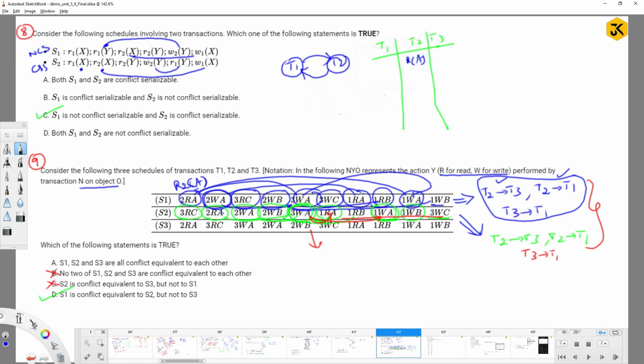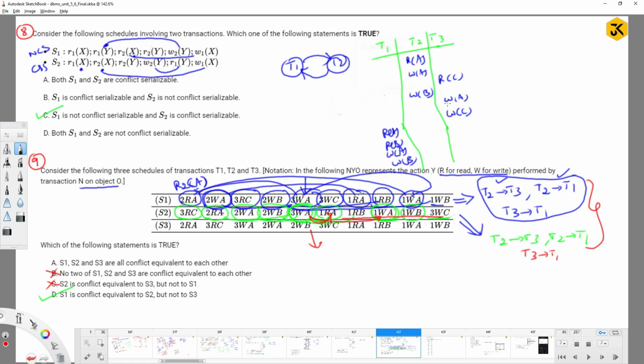So read of A, write of A, read of C, write of B, write of A. Up to here we completed, right? So next, write of C, read of A, read of B, write of A, write of B, right? If you are able to clearly observe, can we convert this kind of schedule into a serializable schedule? Is there any chance to convert it into a serializable schedule?